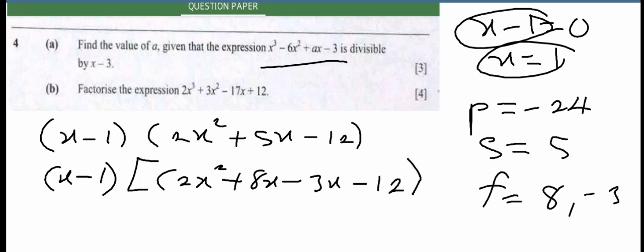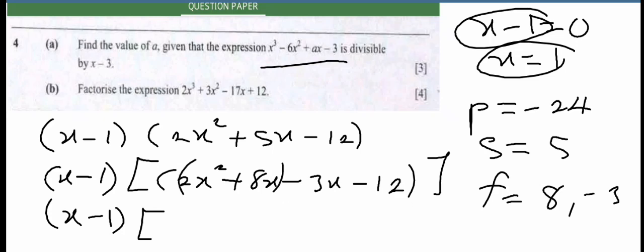So close, then close square bracket. Then from there now we are going to repeat this one, which is x minus 1, then close. So we need to factor out what is common in this. So the next step, we are going to group now these into 2, where we can say this one and this one, they are going to be 2 terms. This one and this one, they are going to be 2 terms.